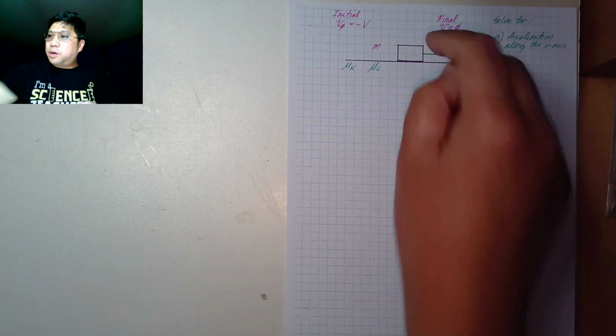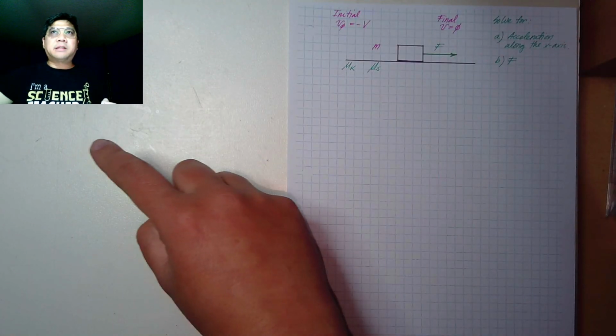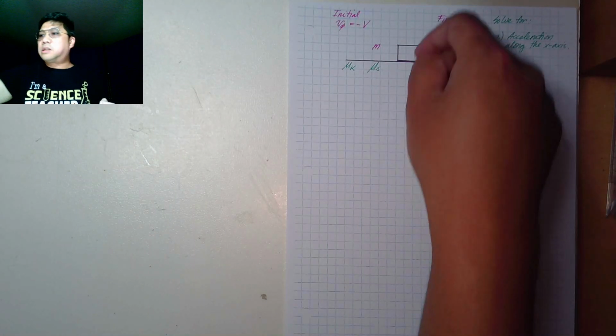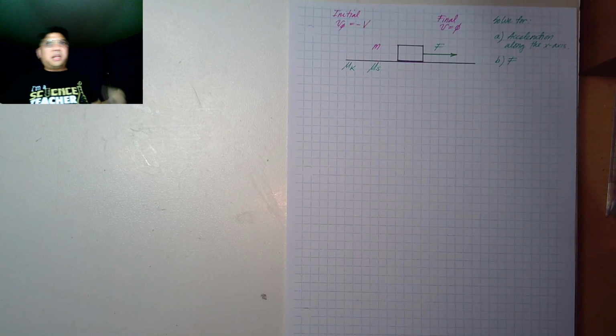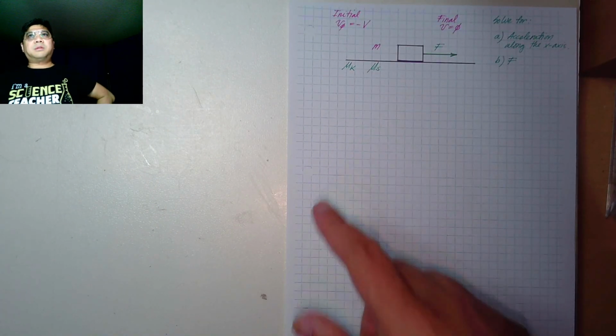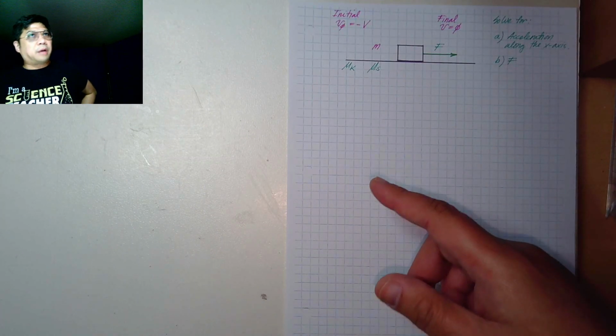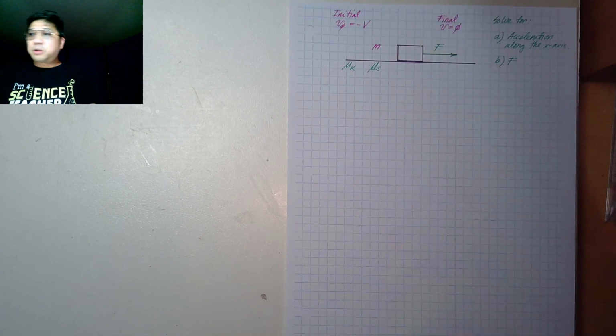Okay. So the question is, what is the acceleration along the x-axis? It's moving along the x-axis, and there's no mention that it's moving along the y-axis. There's no other force that you've noticed that would cause it to go upward or downward, or to change its state of motion along the y-axis.